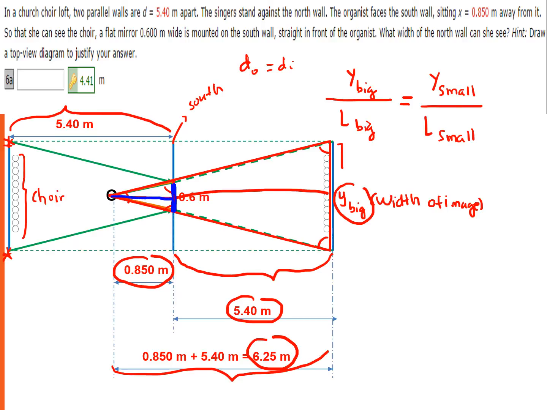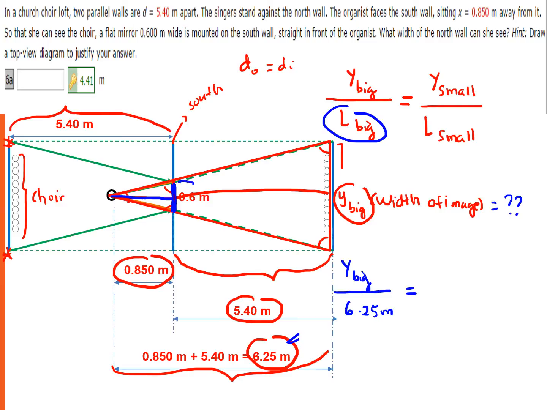So now let's substitute our values. We have y big, something that we don't know, and it is actually something that we need to solve for. That is our unknown. Divided by the L big, and our L big again is just 6.25 meters, is equal to y small.